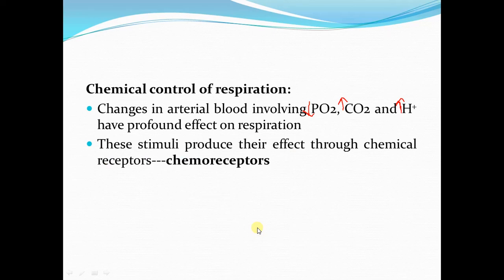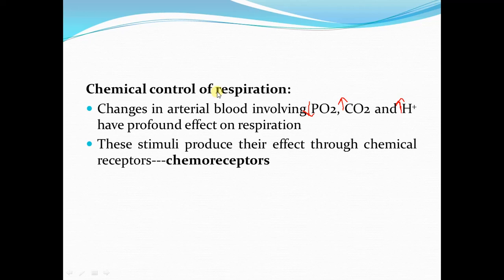Now, the control of respiration through changes in the partial pressure of oxygen in the blood, or the concentration of carbon dioxide and hydrogen ions in the blood, is termed the chemical control of respiration.